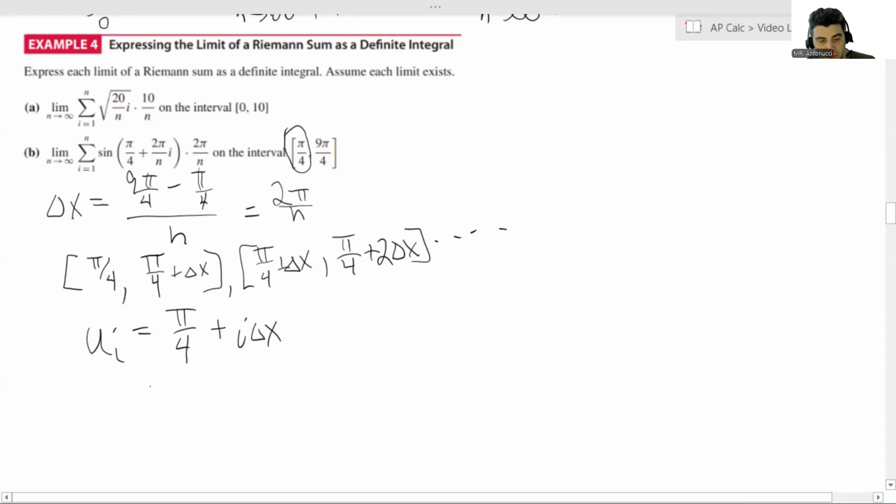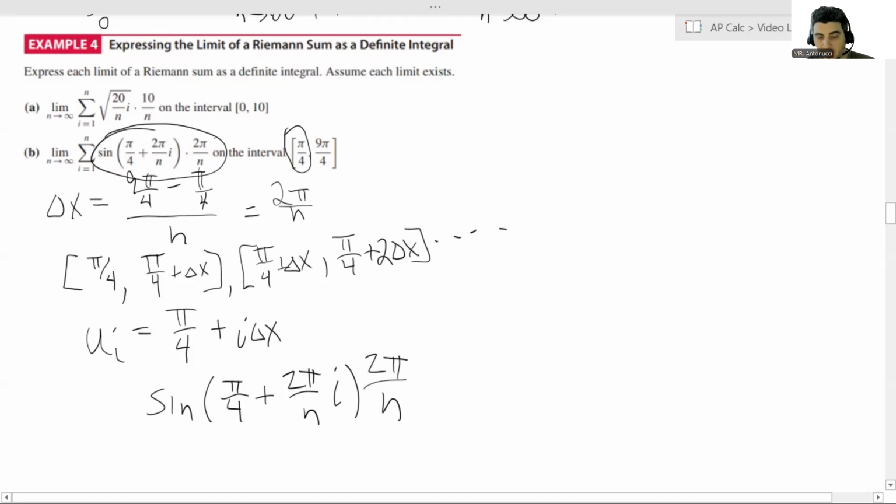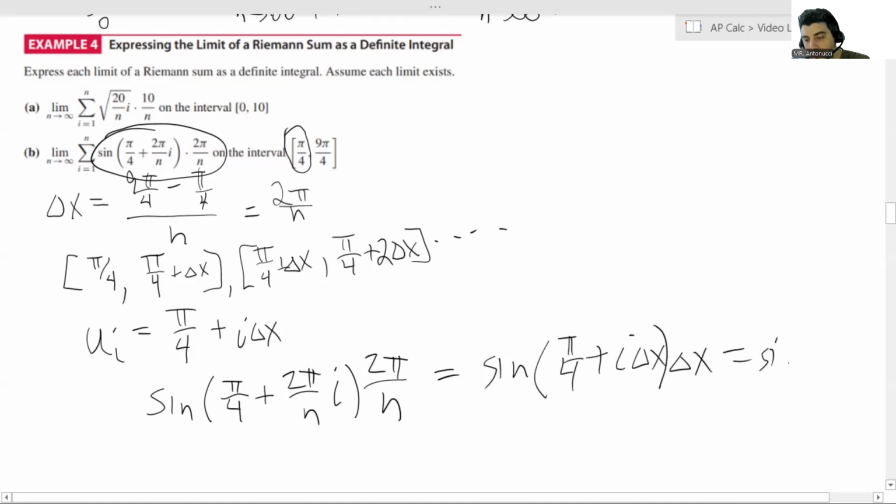Then our expression is going to be sine of pi over 4 plus 2 pi over n times i, times 2 pi over n, that's this right here. And that's going to equal sine of pi over 4 plus i delta x, which is sine x_i delta x.